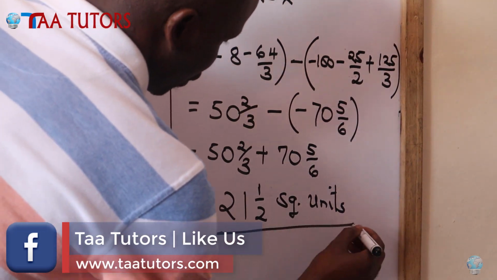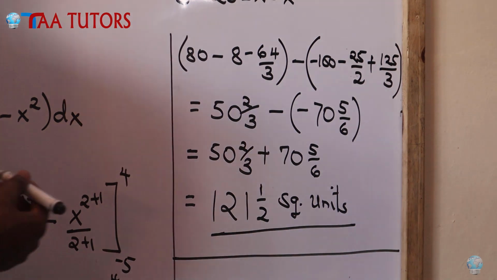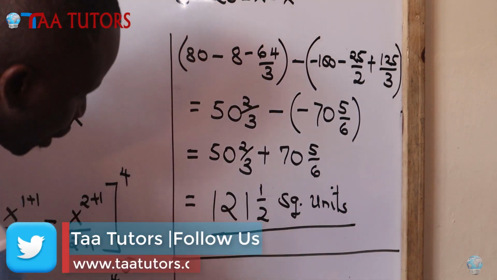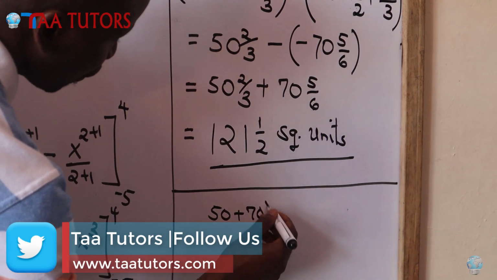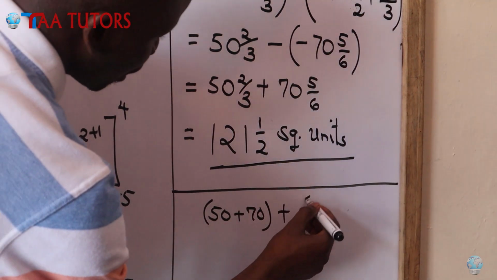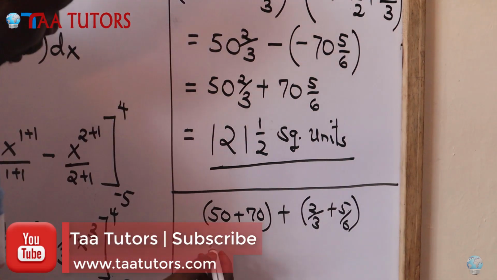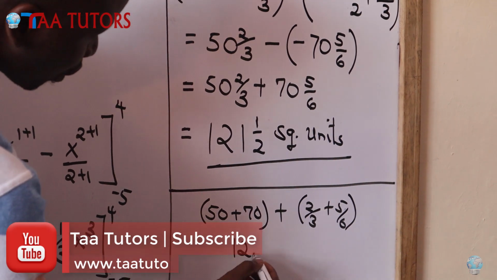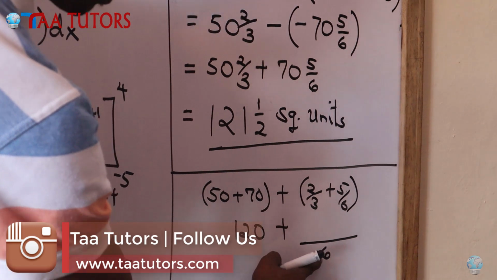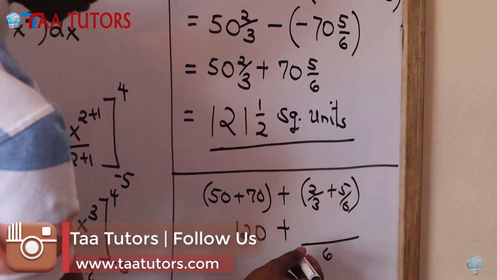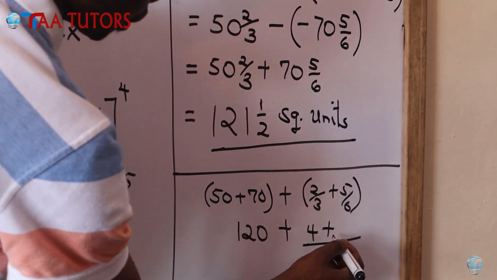Now viewers, I tried to use a calculator to work out this one, but believe me, there's no big deal here. If I were to do it manually, I would just say 50 plus 70 separated, plus 2/3 plus 5 over 6 also separately. So 50 plus 70 is actually 120, plus LCM is 6. 3 comes into 6 2 times, 2 times 2 is 4, plus 5, 6 comes to 6 1 times, 1 times 5 is 5.